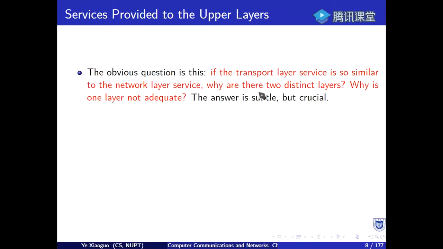Why are there two distinct layers? Why is one layer not adequate?